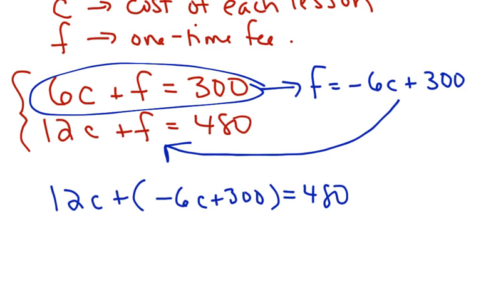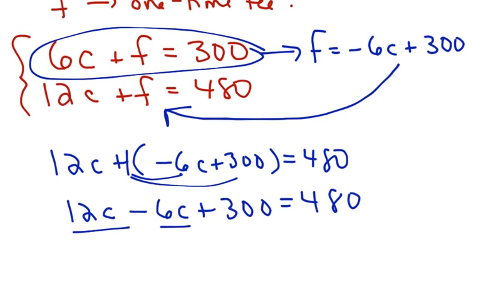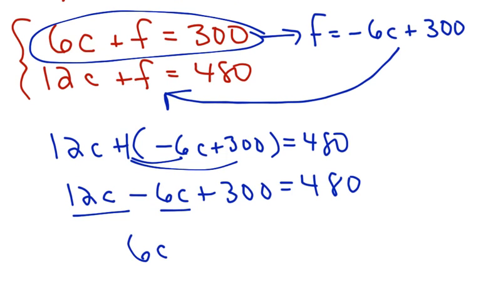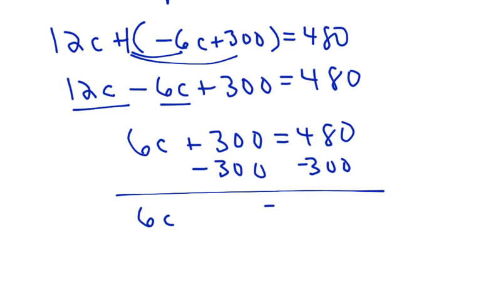Just like in the last problem, I would distribute, but really I'm just distributing a 1, and distributing a 1 doesn't actually do anything to the problem. I'm going to combine like terms. 12c minus 6c is 6c. And then I'm going to solve for f. So I'm going to find out in a moment what the one-time fee is. Subtract 300. 6c is equal to 120.